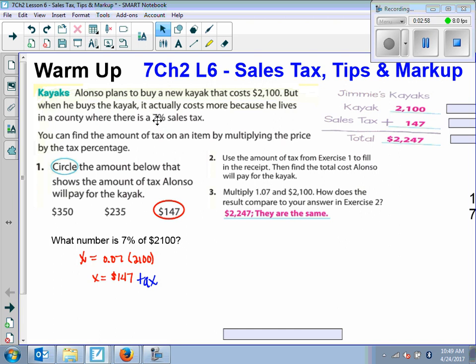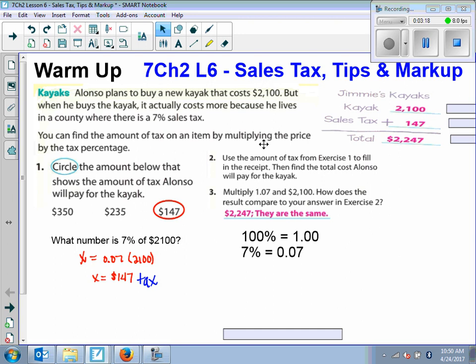That's the sales tax, right? So what's the 1?